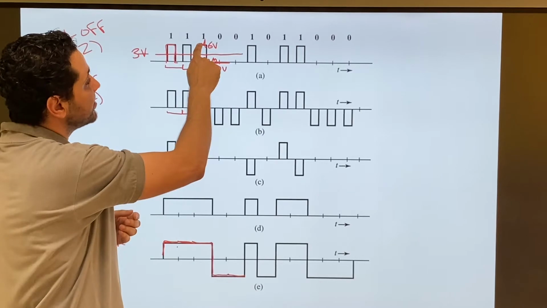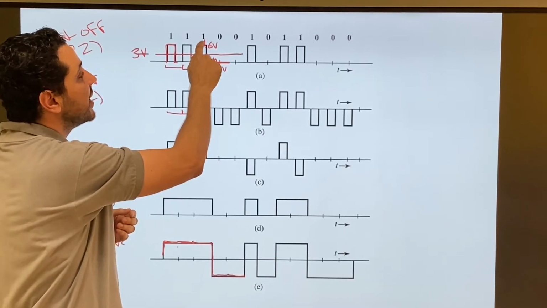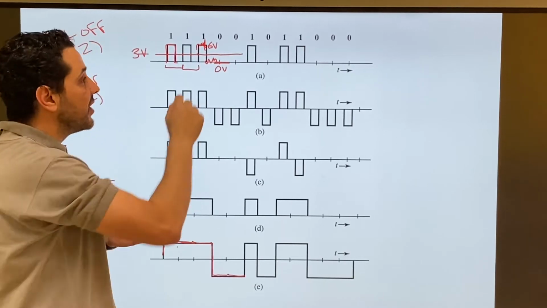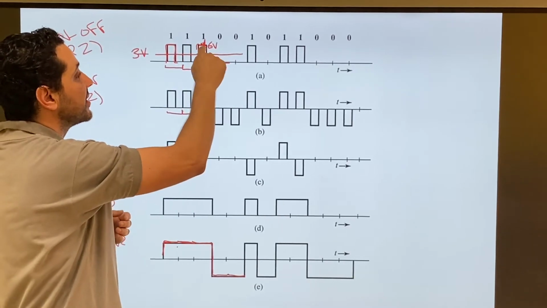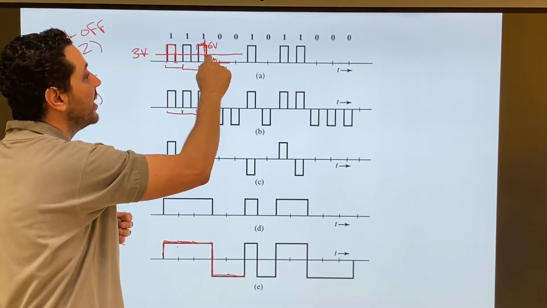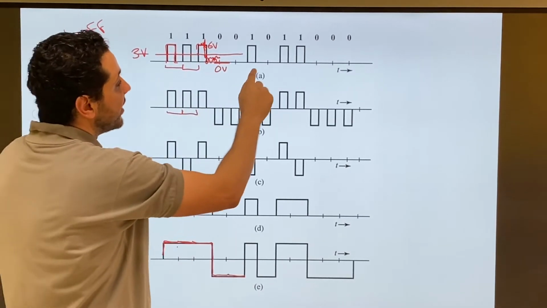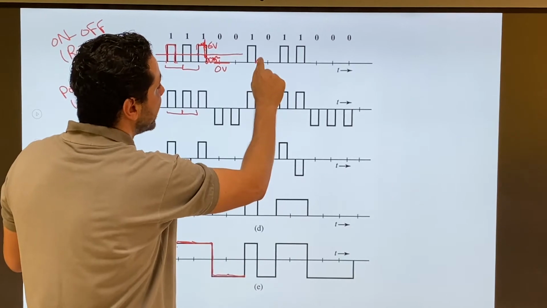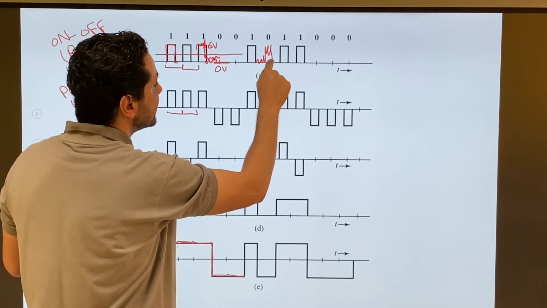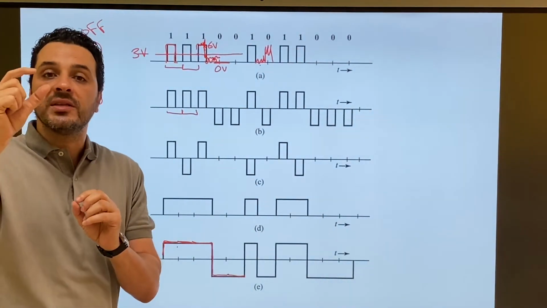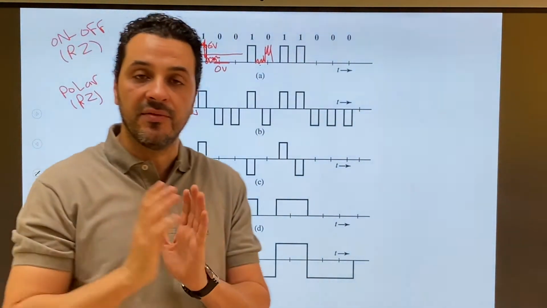Why? Because if you transmit binary 1, you don't want the noise to decrease it below 3 volt. If the noise is higher than 3 volt, maybe the binary 1 will be decoded incorrectly as binary 0. And if you get very high noise, then the binary 0 will be decoded as binary 1. So the noise immunity here is only 3 volt.